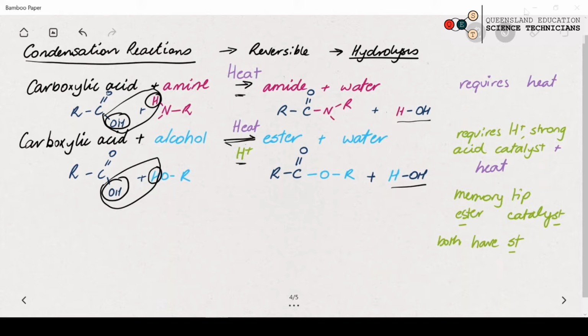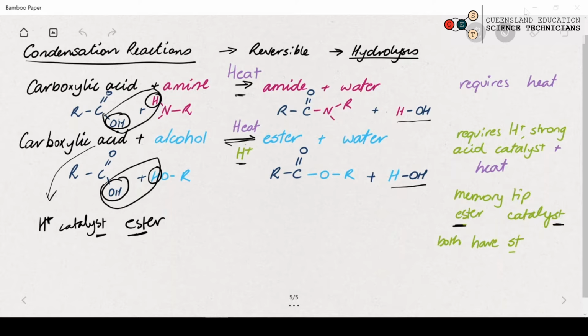And a memory tip that may help you is that ester and catalyst both have ST. So if you remember strong acid catalyst, and you remember that it's an acid catalyst because you're mixing an acid, so it needs an acid catalyst, but the only one that needs it is to make an ester. So that may help you to actually remember.